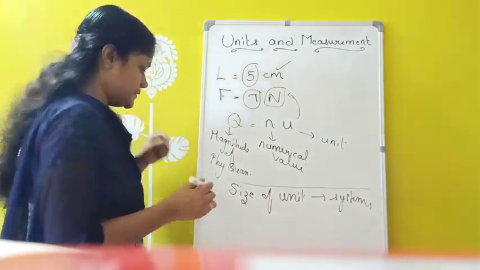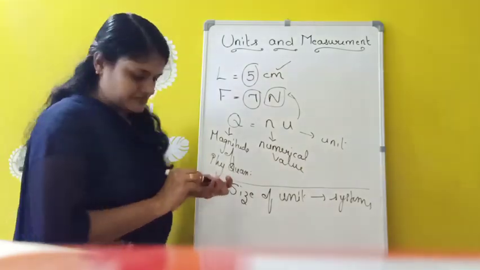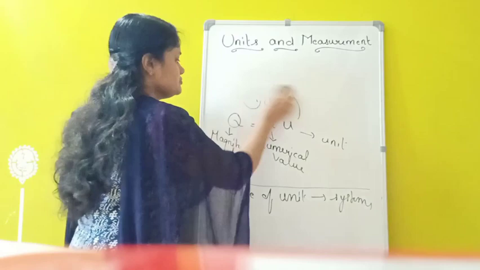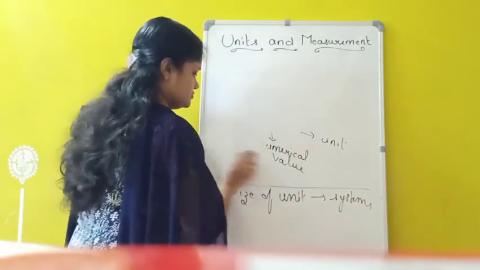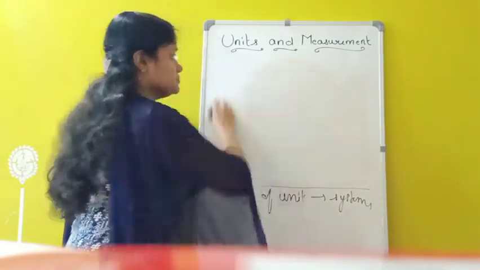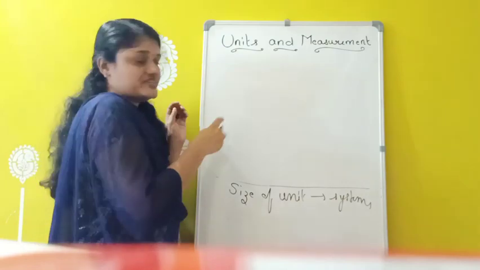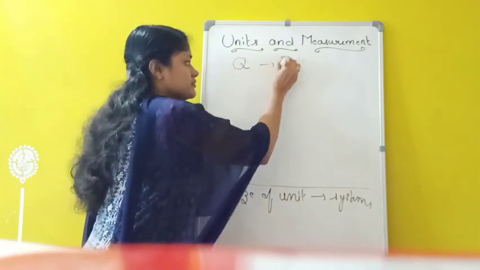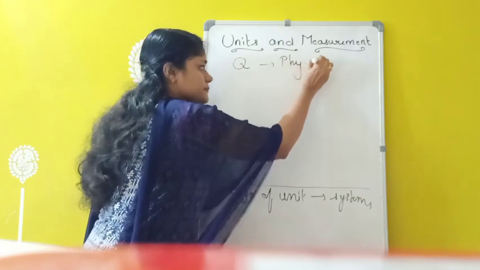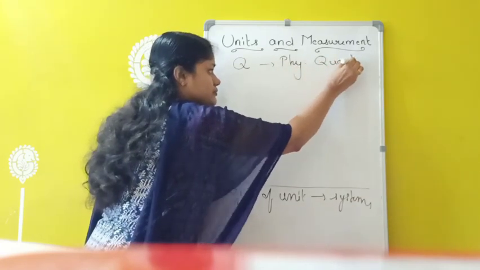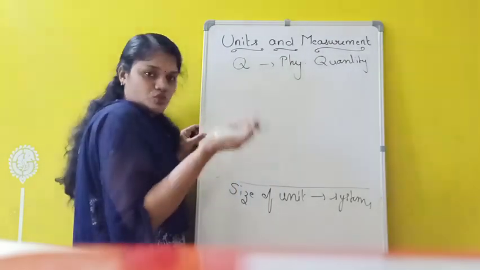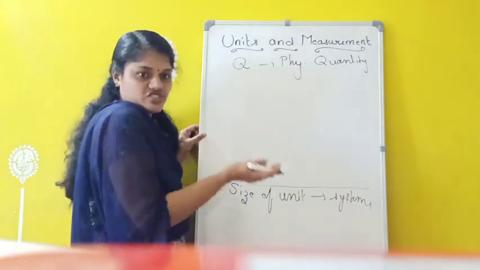Suppose I am taking one physical quantity as Q. Q is a physical quantity. There are so many systems of units we will be studying later.